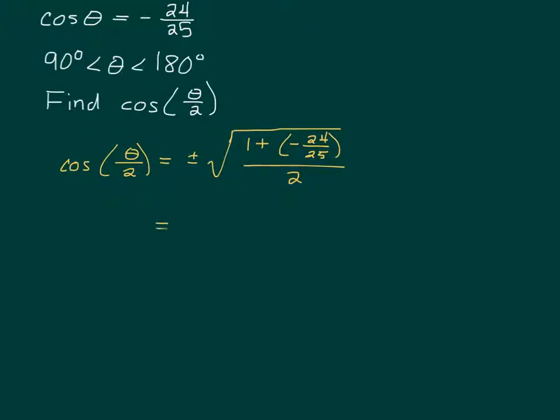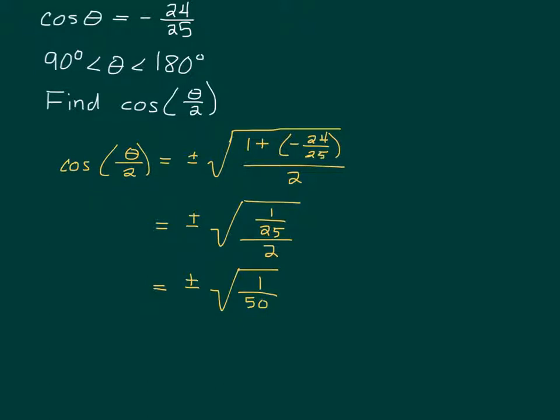This is going to be plus or minus the square root of 1/25 over 2, which is plus or minus the square root of 1/50. In this problem, we still need to determine if it's positive or negative. And let's simplify the radical but not rationalize the denominator.